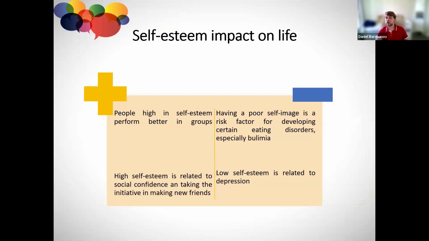So the basic conclusion on that. What do we actually know about self-esteem and its impact on our life? People with high self-esteem perform better in group activities. That is a fact. If you give an assignment which is connected with group activities, doesn't matter whether it's an academic setting or job setting, people with higher self-esteem would perform a bit better.